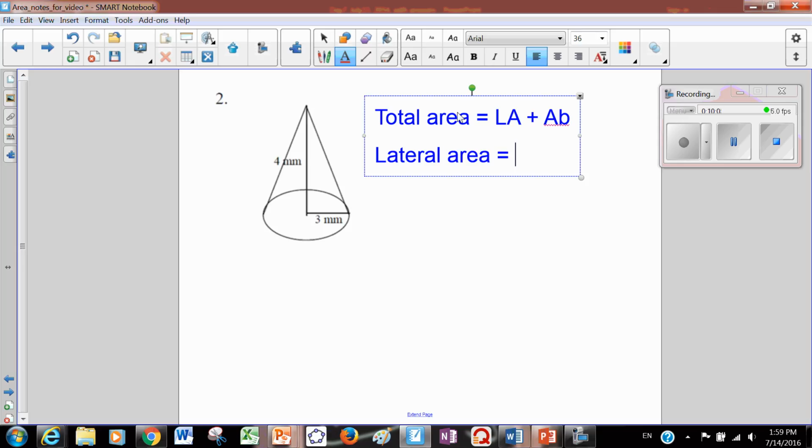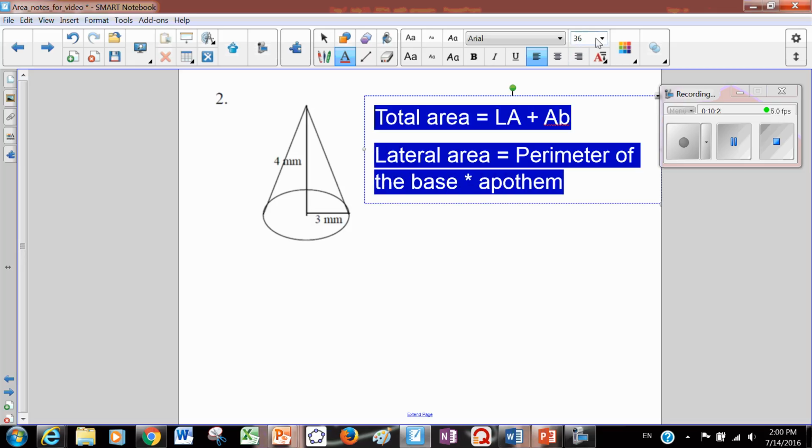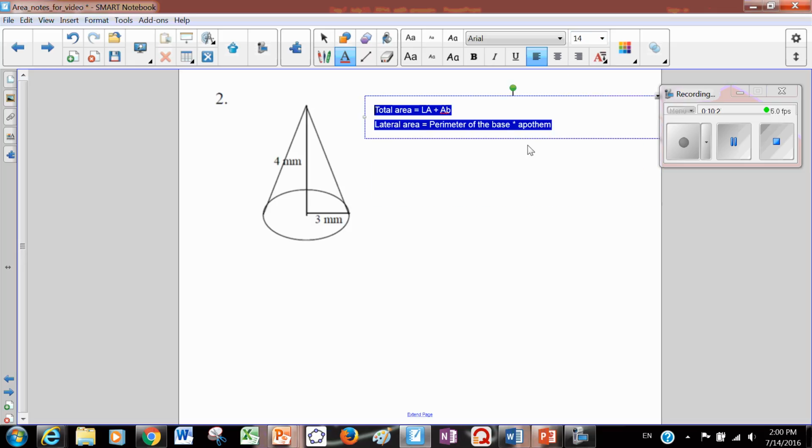That's equal to the perimeter of the base. In this case, when we do the cone, not the prism, it is the perimeter of the base times, it's not going to be times the height, it's going to be times the apothem, because the height doesn't make sense, it's in the middle of the shape, right?